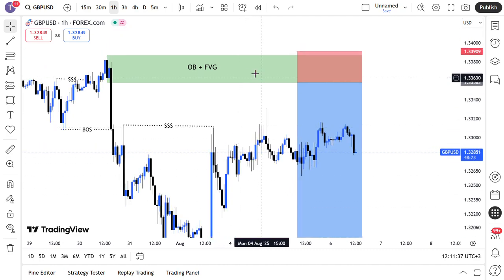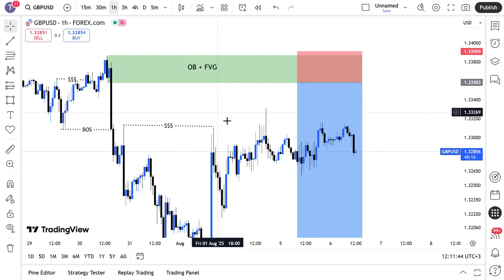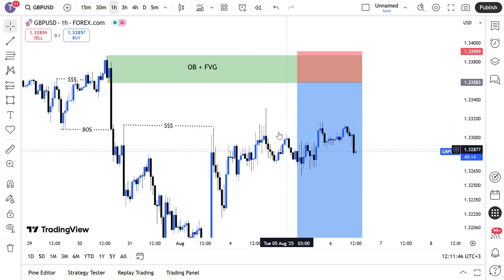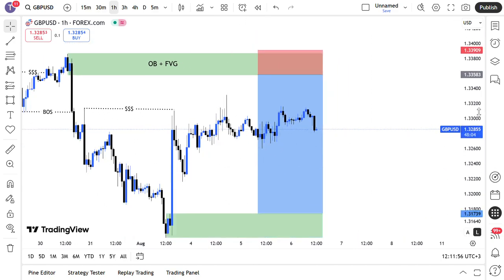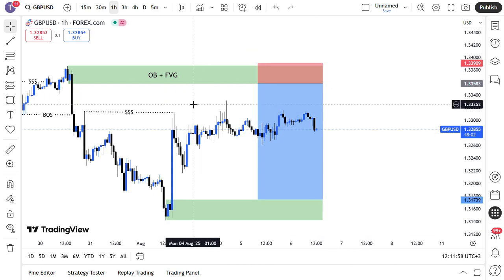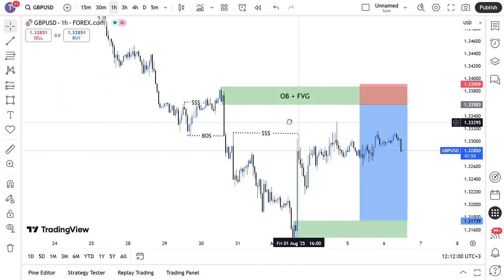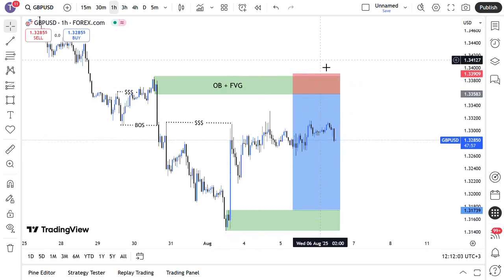We were expecting some sales from up here, and I'm still expecting some sales from up there because of this liquidity build down here below the order block. So there is a lot of liquidity being built down here with this consolidation, and if this high is being violated, then that means we'll be looking for opportunities to buy to the upside.